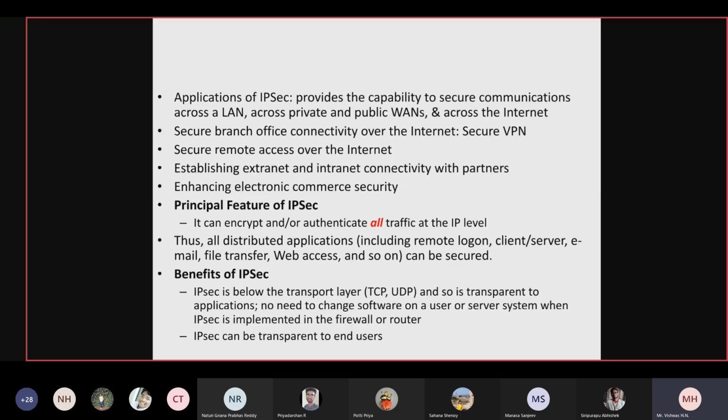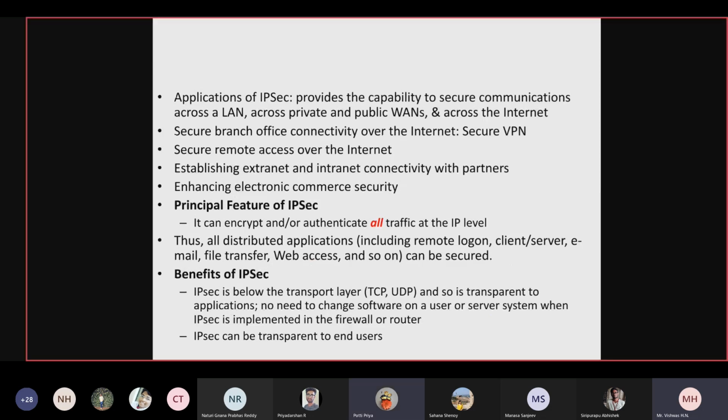So RIP uses Dijkstra's algorithm and OSPF uses Bellman-Ford algorithm. Is that clear? OSPF is a protocol which uses Bellman-Ford algorithm for routing.